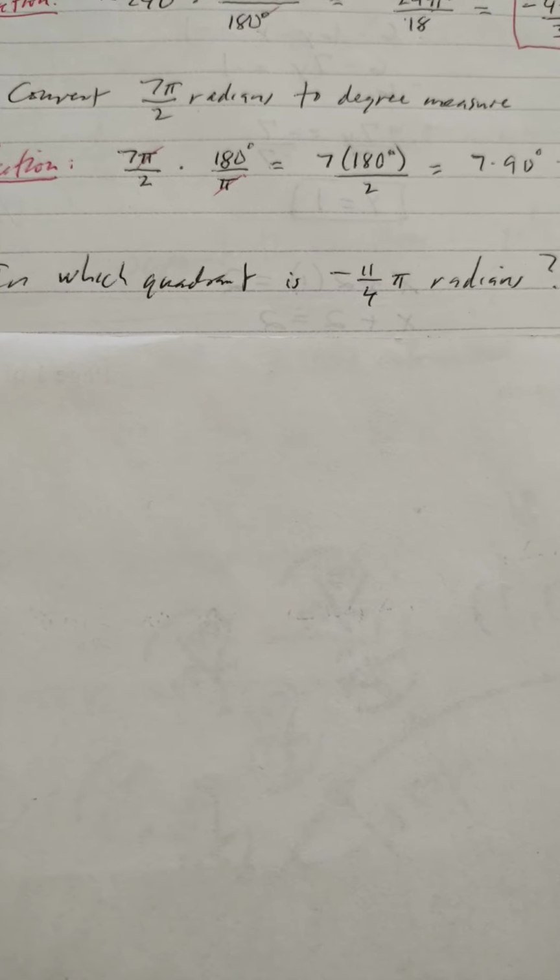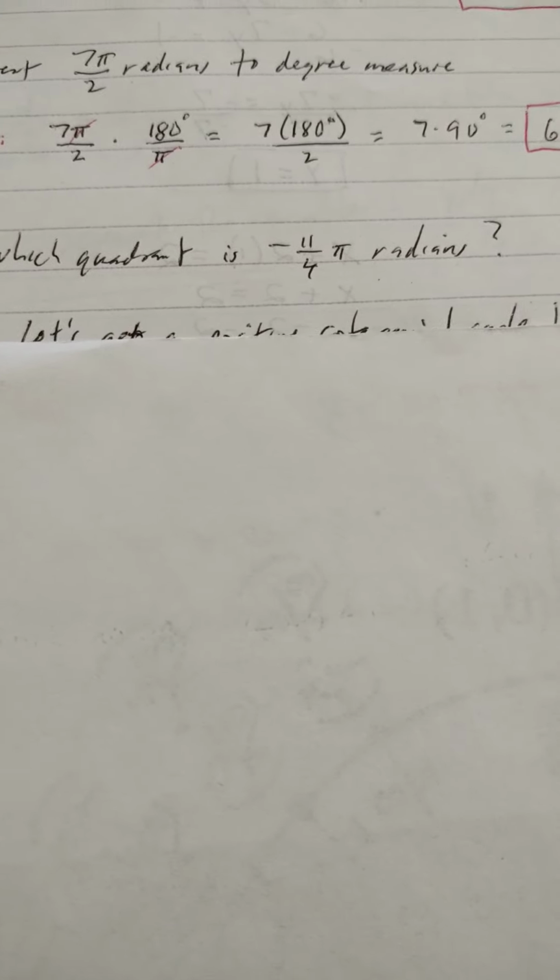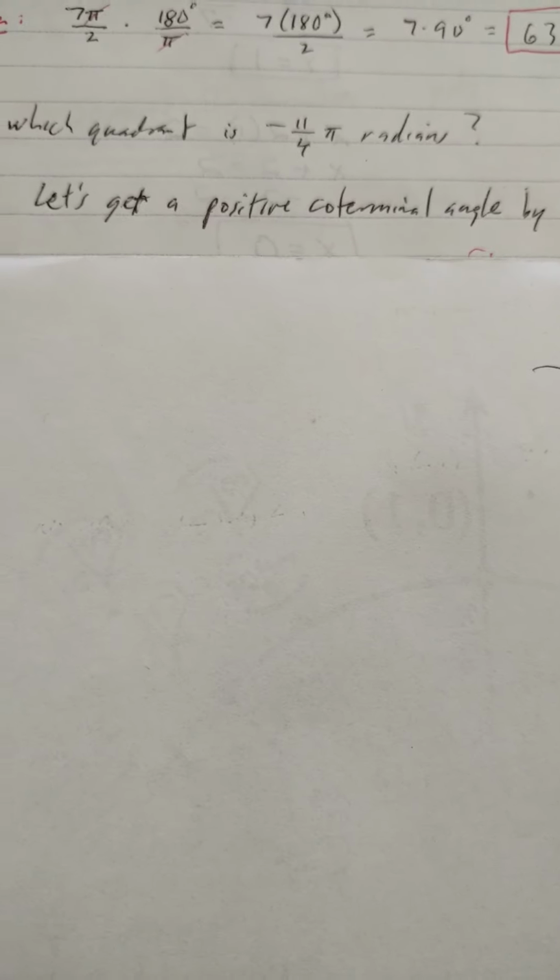Number 5. In which quadrant is negative 11/4 pi radians? These are all good questions that you're going to see on the final exam. So how would you do this problem? Notice that it's a negative angle. What I did was I got a positive coterminal angle. Remember, coterminal angles have the same terminal side, so they're going to be in the same quadrant.